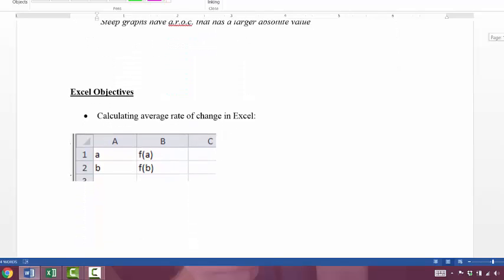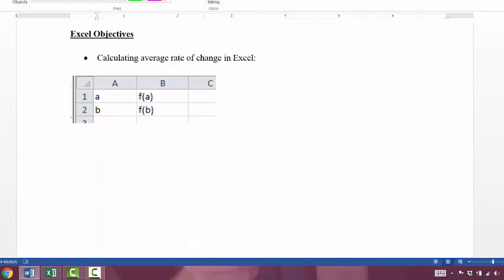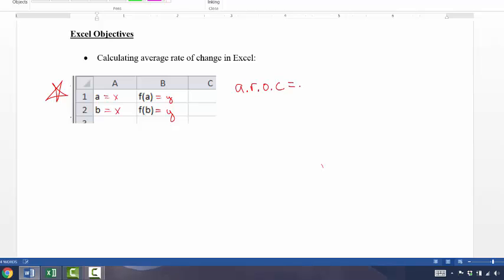We are going to be using Excel to help us with some of our calculations. So for example, if we have Excel open and I have an X value here in A1 and its associated Y value in cell B1, and then a second point, I have this X value in A2 and its associated Y value in B2, then we know the slope of the line between them, the average rate of change of the secant line.